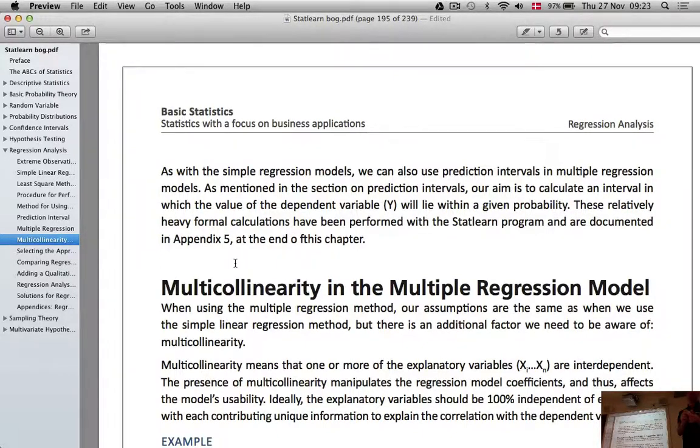It's not really necessary that we know this, but it's nice if you write it. So if ρ is above 0.7 or below minus 0.7, then we should also report in our analysis that maybe we have a problem with multicollinearity.